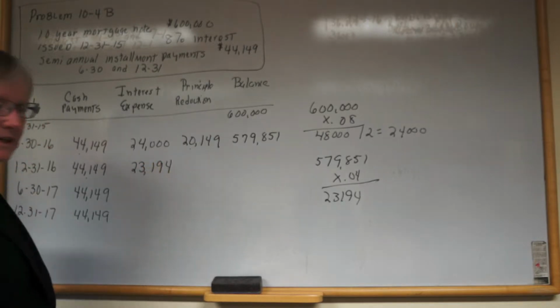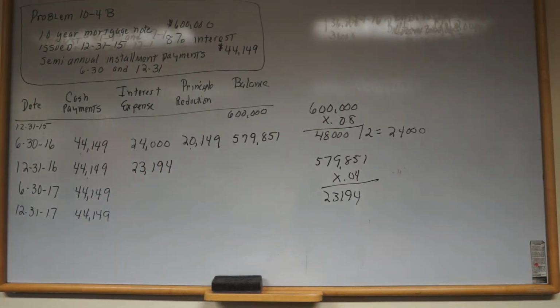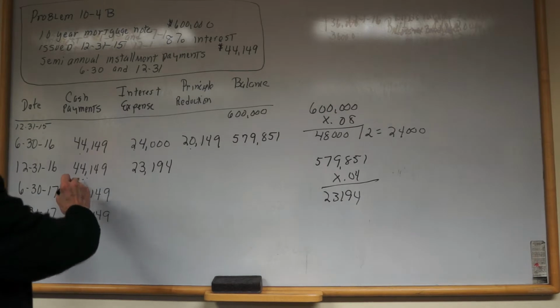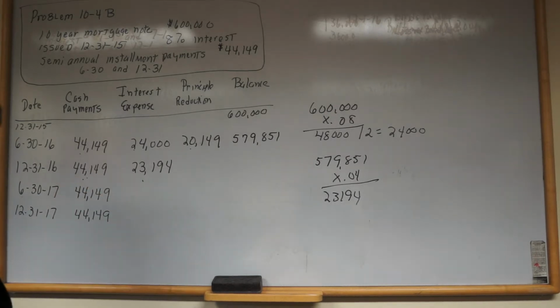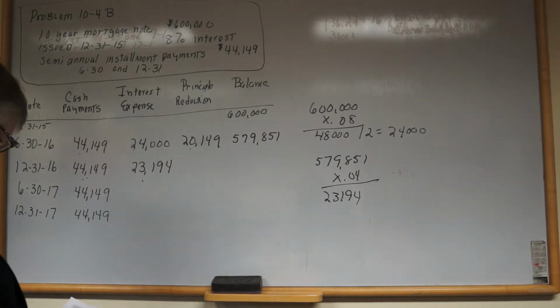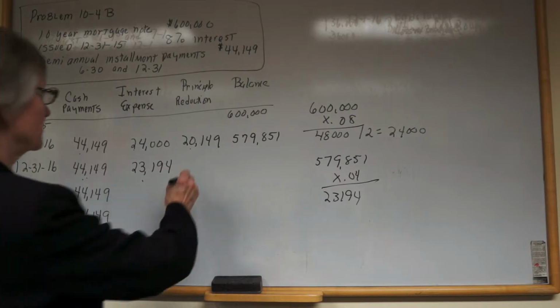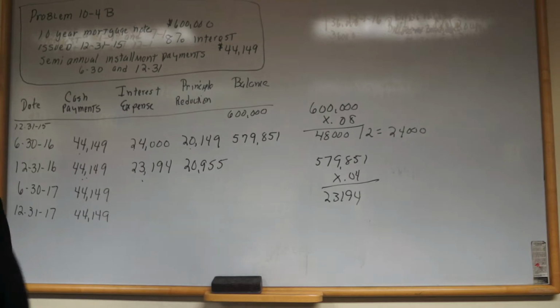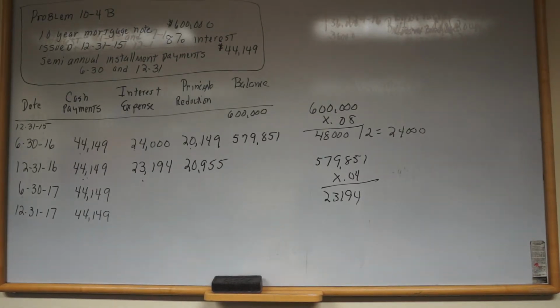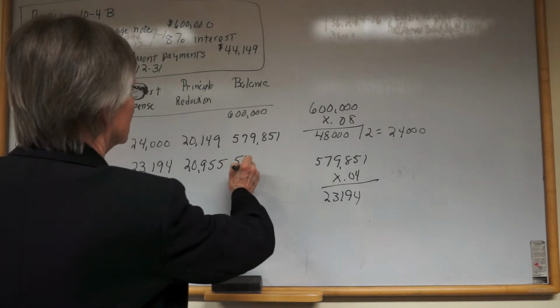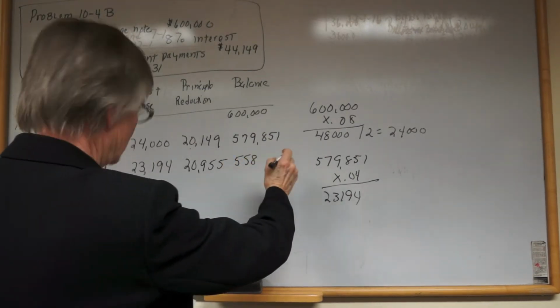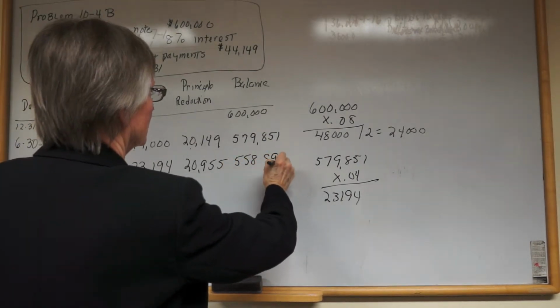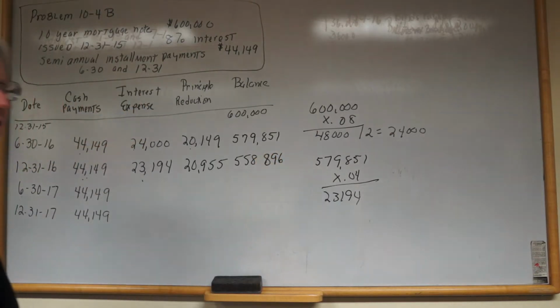And so if the whole payment is $44,149, and this amount is interest, the rest must be going towards the principal. So that would be $29,955. And so then we get our new principal balance, which is now $558,896.